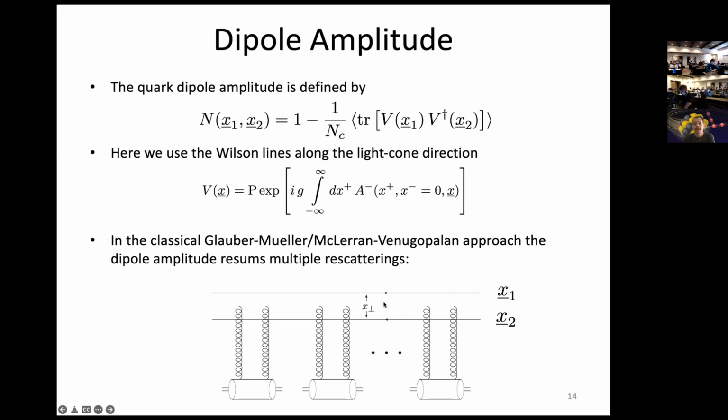But the point is, operatorially, this scattering amplitude is defined as an expectation value of this infinite light cone Wilson loop, from which we actually have to subtract the non-interacting term 1 to make it a scattering amplitude, not the S matrix. And we need to resum all these multiple rescatterings. Okay.